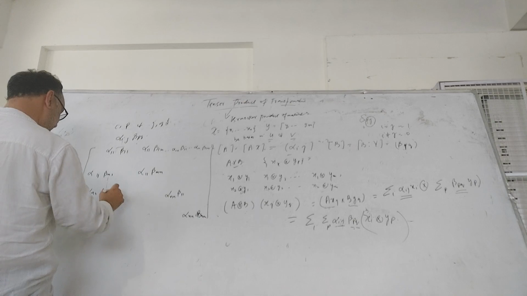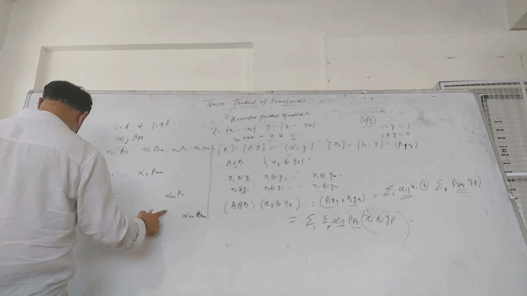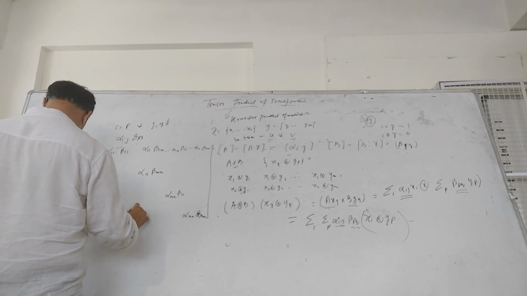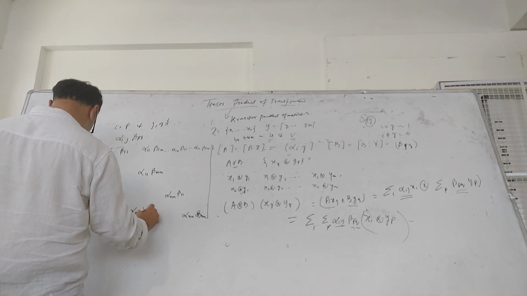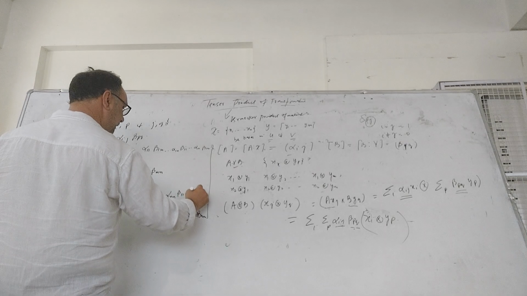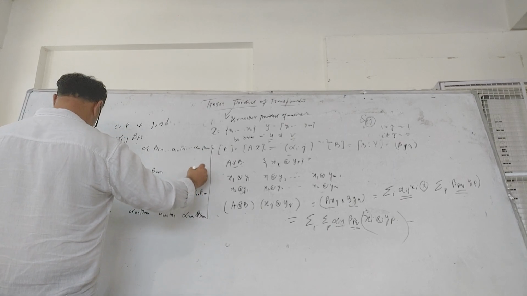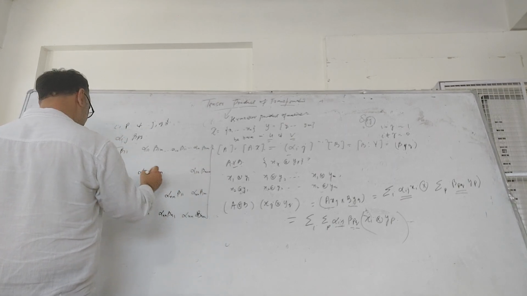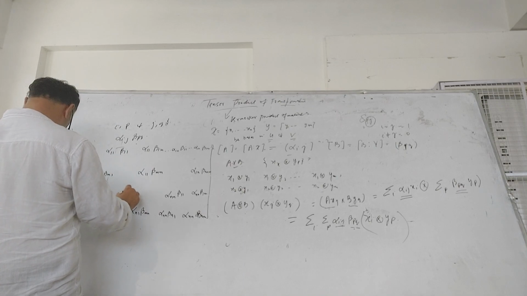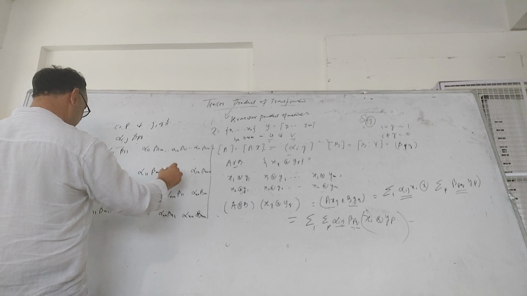So you can accordingly see things going on. It's alpha n1, beta mm, alpha nn, beta m1, alpha nn, beta 1, alpha nn, beta mm, and so on and so forth. So you can see the indices accordingly.